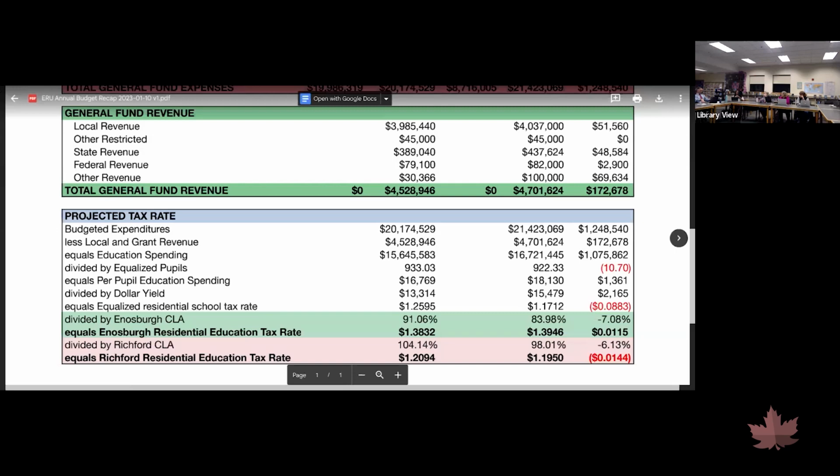What the CLA is basically doing is trying to figure out the difference between market reality in real estate and what the listers have in the grand list. Because properties have been selling a lot higher than in the past, the state knows, and this is for every town, the CLA is dropping.